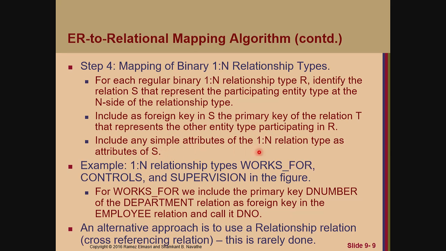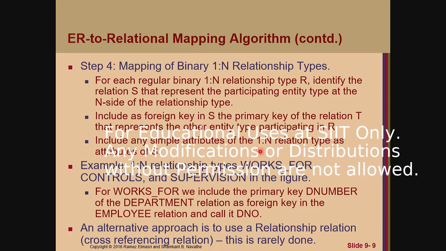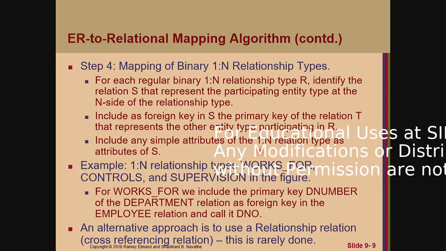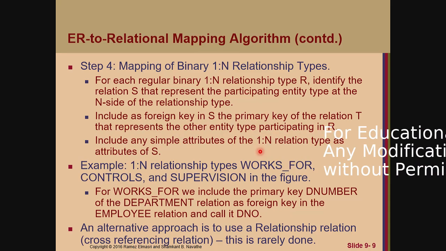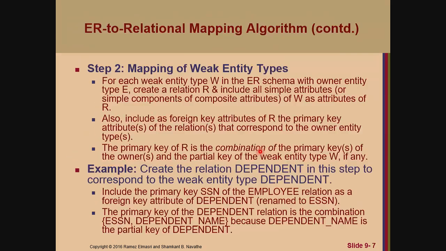Example of one-to-many: Works For. Works For is a relation between employee and department, right? One employee works for just one department, but one department has many employees working for it. Let's see the relation here.